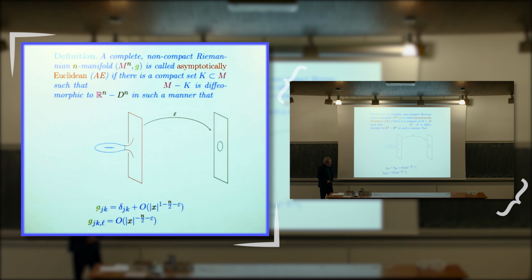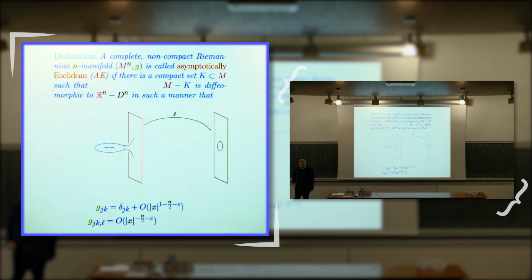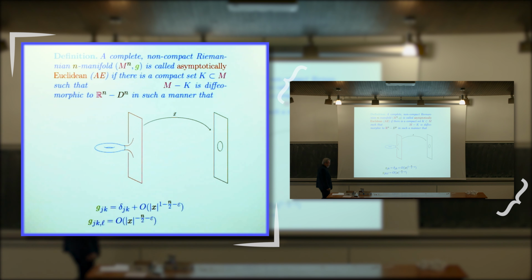And then if you were to naively imagine that this was exactly a power of the radius and differentiate once, you would expect the first partial derivatives to fall off like 1 over the radius to half the dimension, or a little bit faster than that. So here epsilon is some positive constant, but arbitrarily small. It could be arbitrarily close to 0.